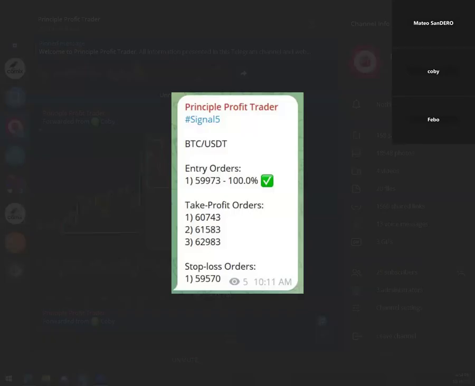The average maximum adverse excursion from my entry on the Bitcoin trades is 34 points. We're trading at 60,000, so this is not $34 in Bitcoin. This is a tenth of a percent. So this is really very little.